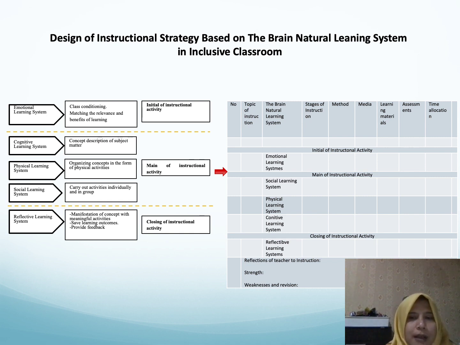And of course, the teacher can manage the time allocation for each of the stages. At the end of the instruction, the teacher can make a reflection on the instruction: what the strengths and weaknesses are, and revisions for the next meetings, of course. So this is the design of instructional strategy based on the Brain-Neutral Learning System in the inclusive classroom.